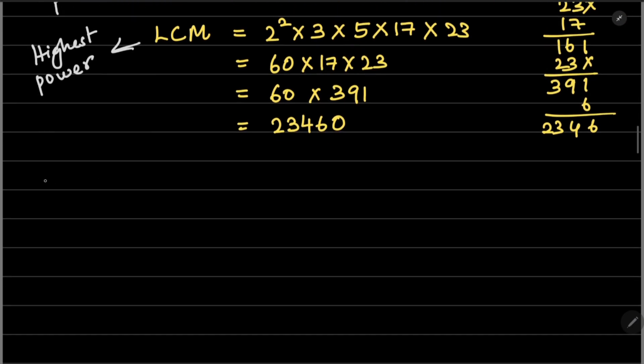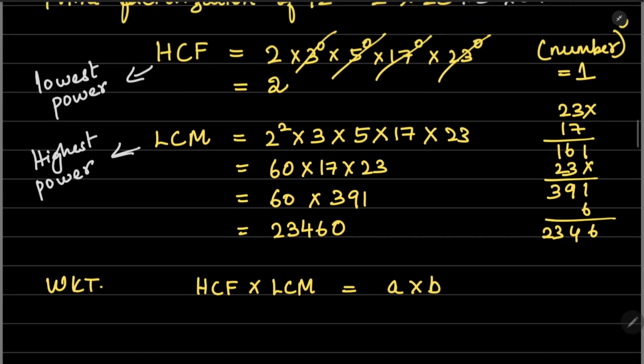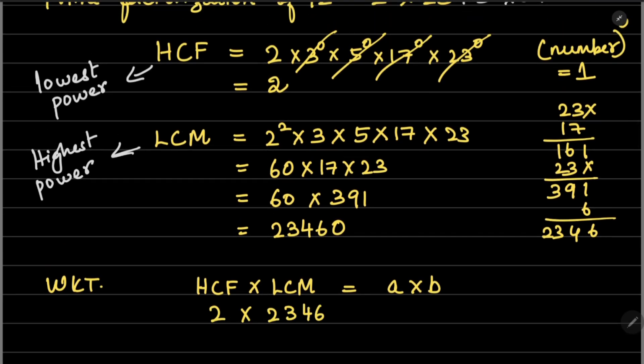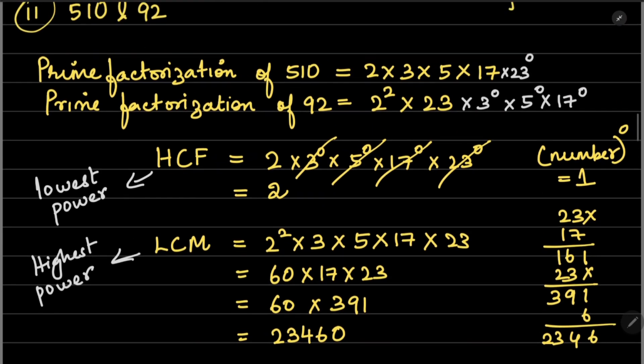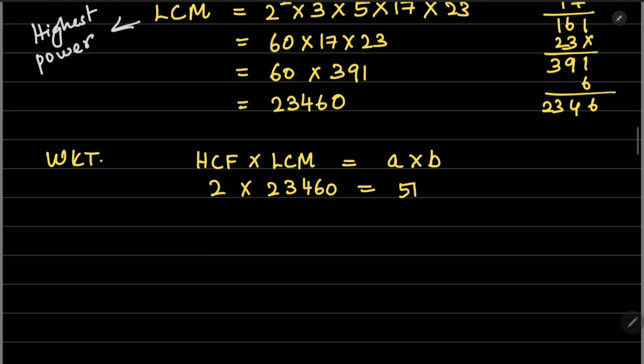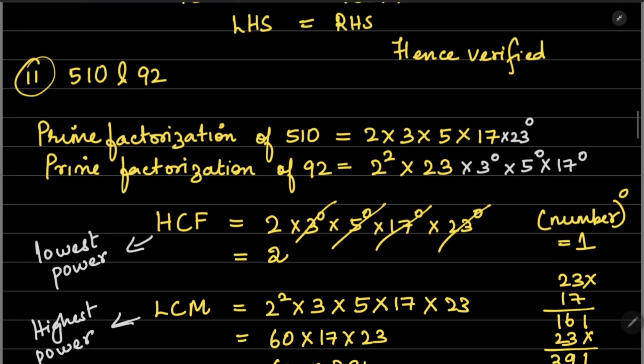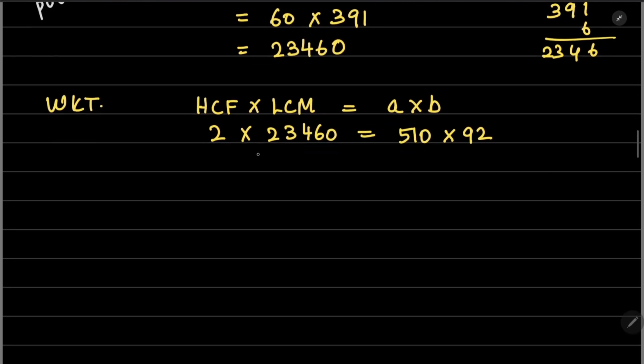Now let's verify. We know that HCF multiplied by LCM is nothing but the product of the two numbers. So what is the HCF? 2 multiplied by LCM 2, 3, 4, 6, 0 is equal to the product of the two numbers, which is 510 multiplied by 92. So let's do it.